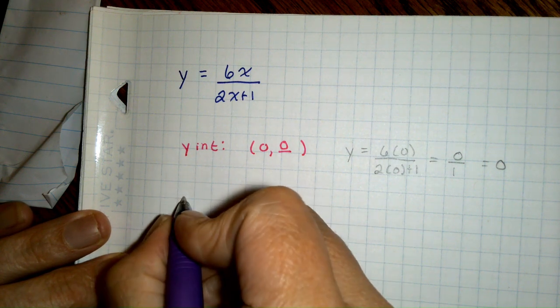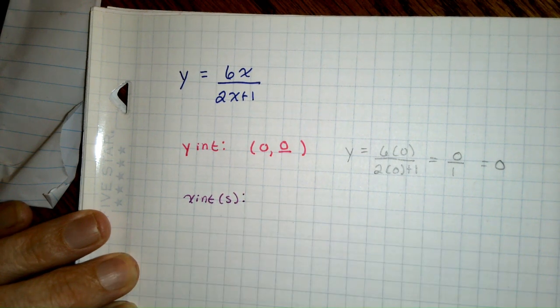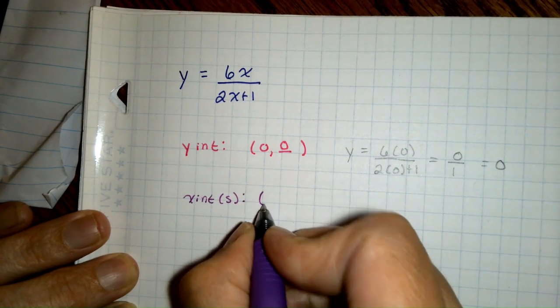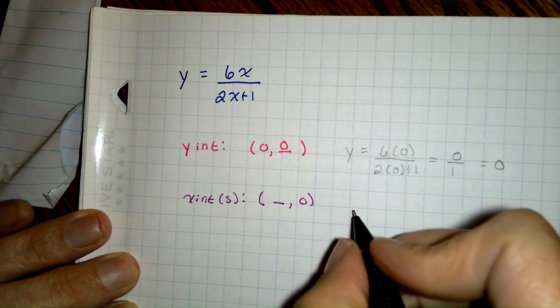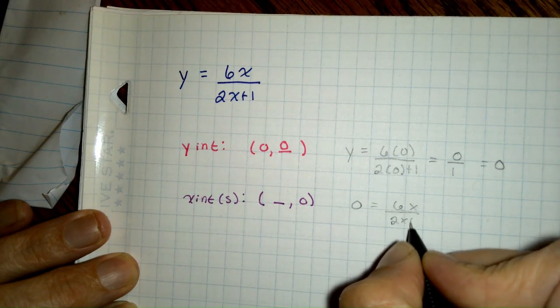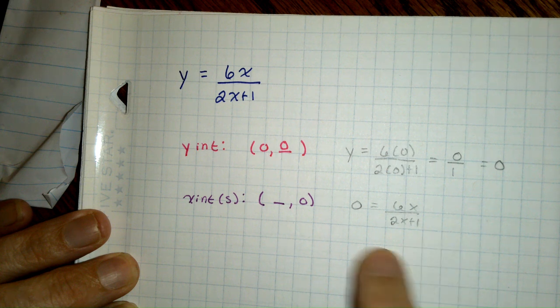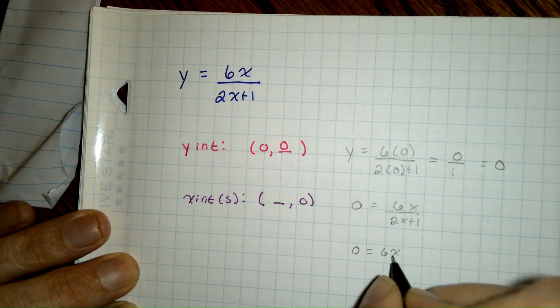Okay, so now let's do the x-intercept, or plural, right? Because we could have more than one. That would be something comma 0. So 0 equals 6x over 2x plus 1. When we multiply that 2x plus 1 over to the other side, we get 0 equals 6x.